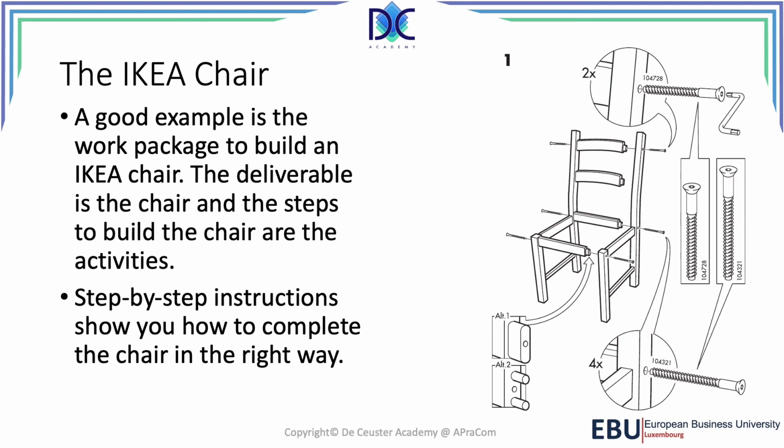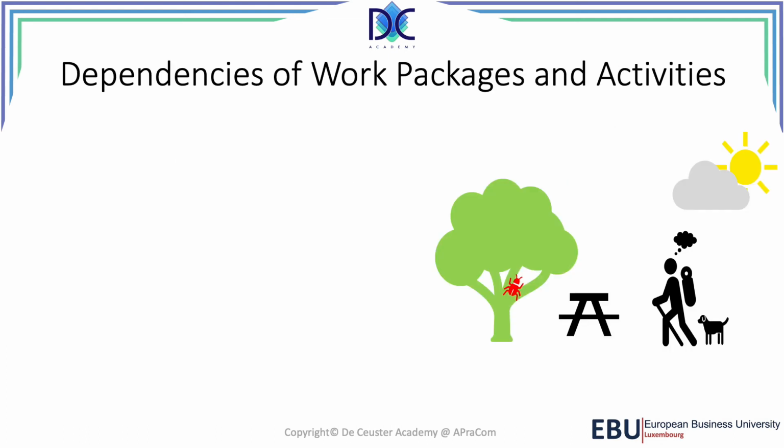Anyway, it's a good way to show you what the work package is and what the instructions or activities are. So this was from IKEA. This is typically when you see those do-it-yourself elements, and you can have it also when you have, for example, some other applications.